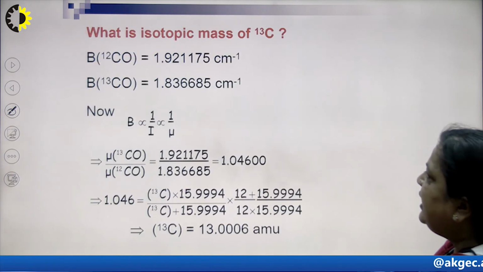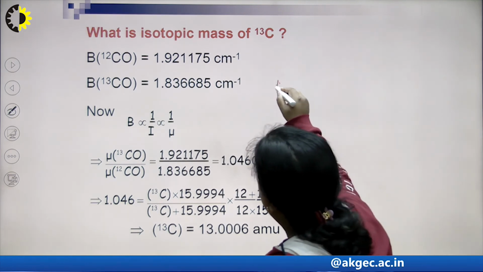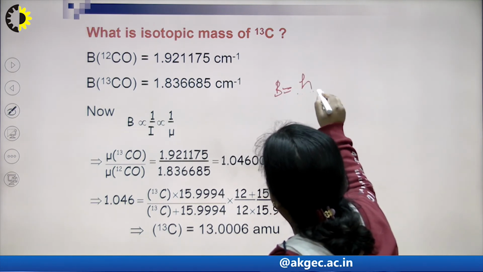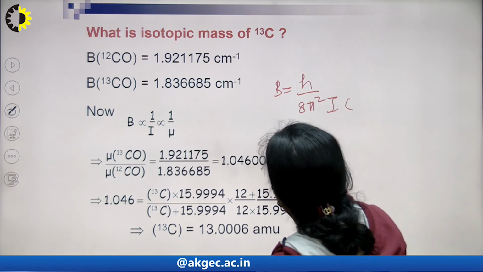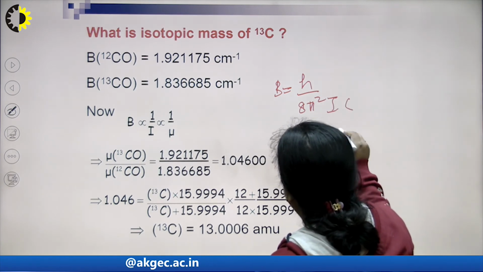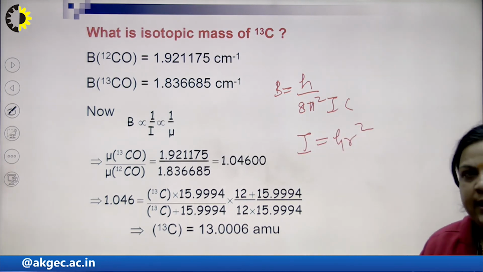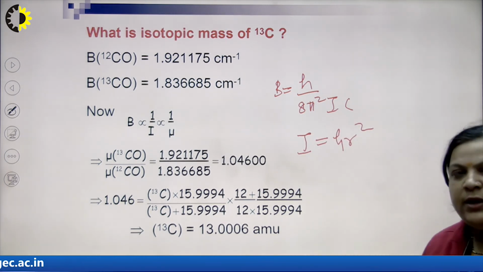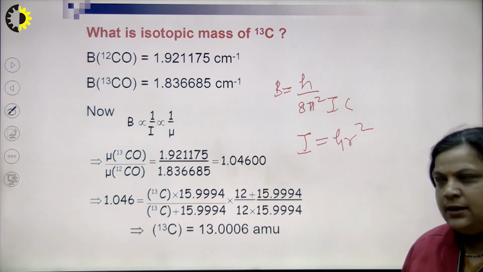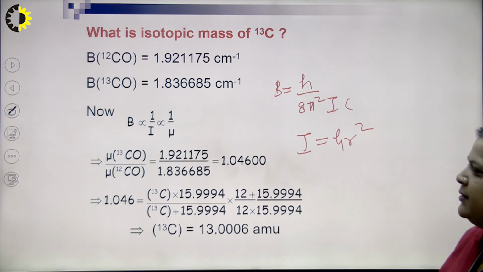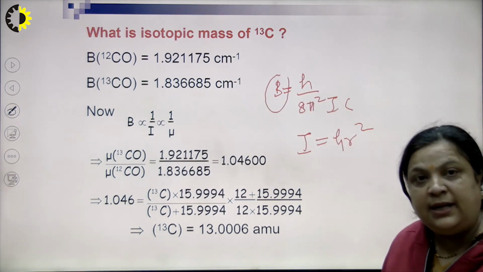When the isotope is replaced, B is equal to h upon 8 pi square I c, and I is directly proportional to mu from this formula. So, if atomic mass increases, the value of mu also increases. So, the I value will increase, and when I gets more, the value of B becomes less.